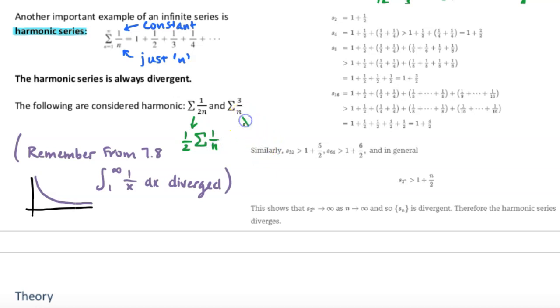Likewise, 3 over n, I can say this is the same as 3 times the sum of 1 over n. So any kind of constant in the numerator and a coefficient in the denominator doesn't affect the fact that this is a harmonic series. It's just that this n can't be raised to any kind of power, and there can't be a variable in the numerator.